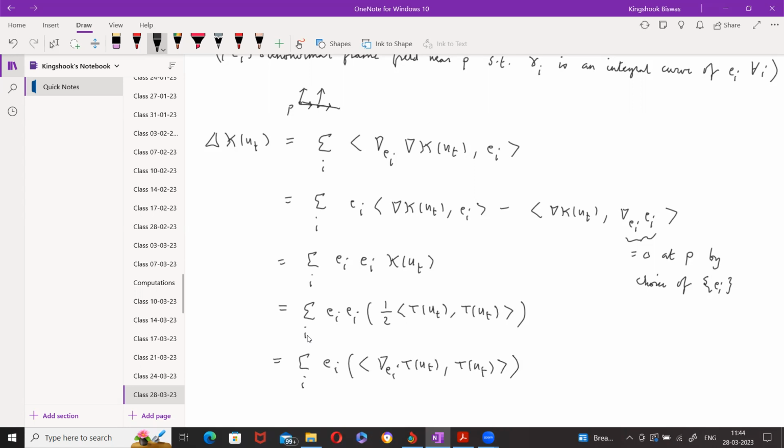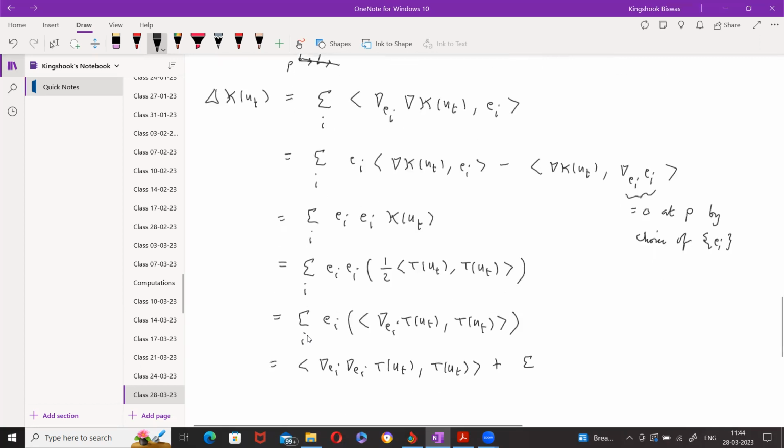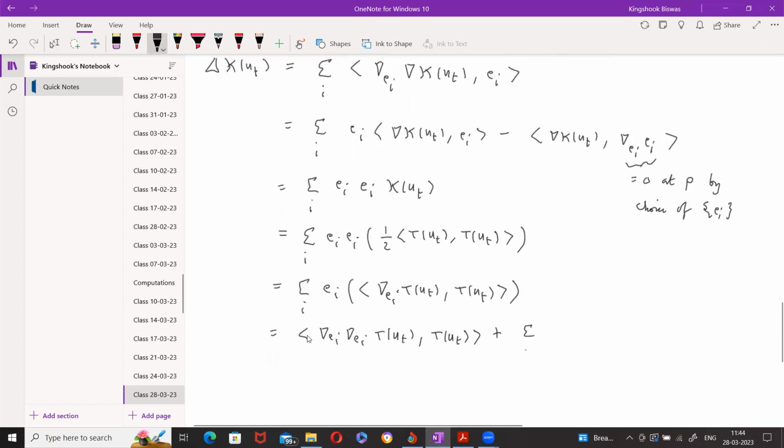And then when I apply it again, I get a term that I had above. So again, by the metric compatibility, nabla EI tau ut, inner product tau ut, plus the sum over I, nabla EI tau ut, inner product nabla EI tau ut. So that's the norm squared of nabla EI tau ut.